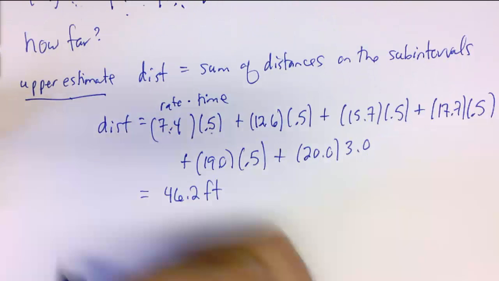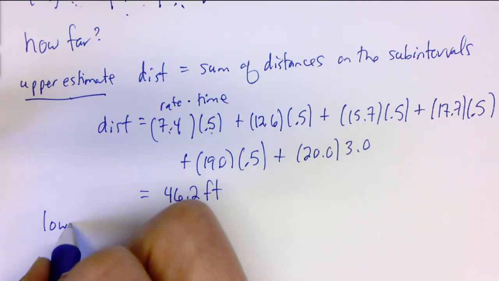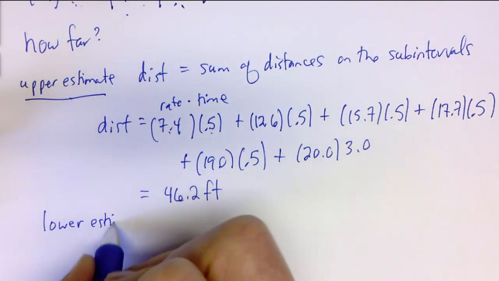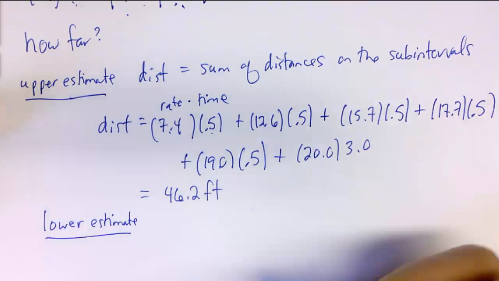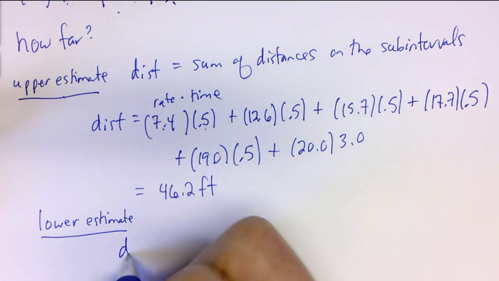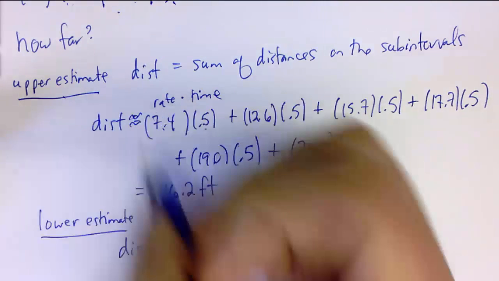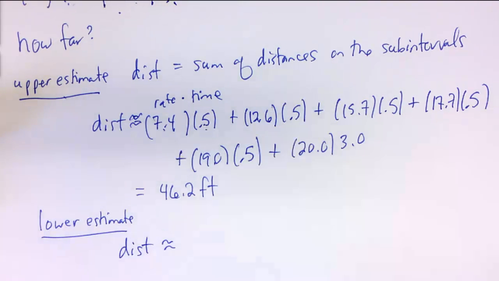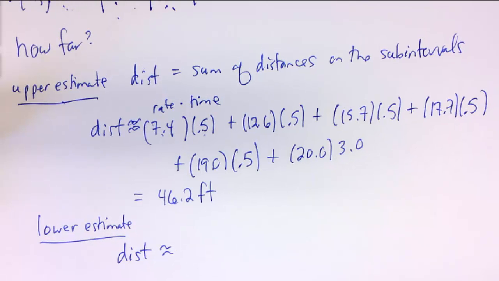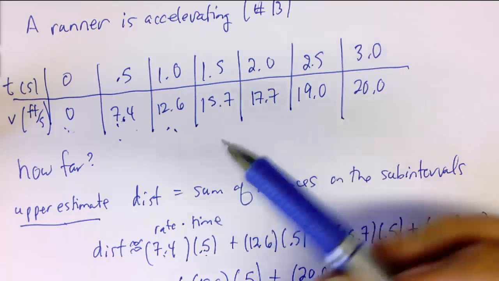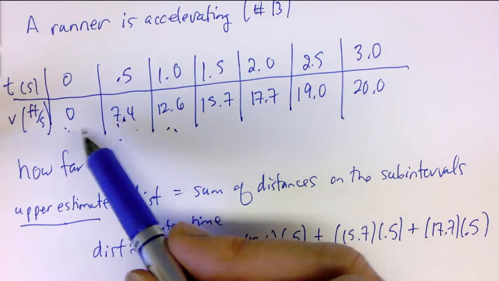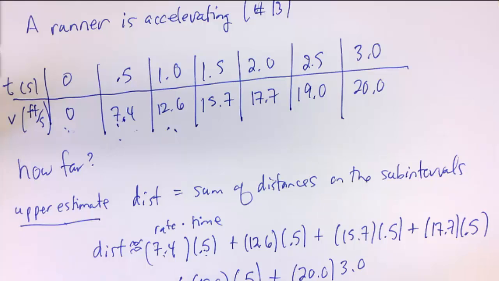A lower estimate for her distance traveled is similar. Except what we're going to do is on each subinterval we're going to use the slowest that we know she was going. So on this first subinterval, she traveled for half a second at 0 feet per second.